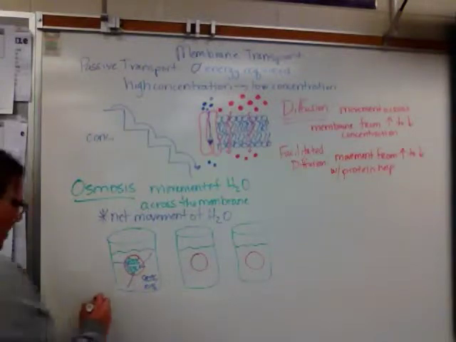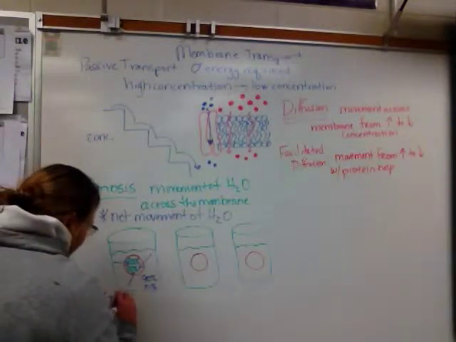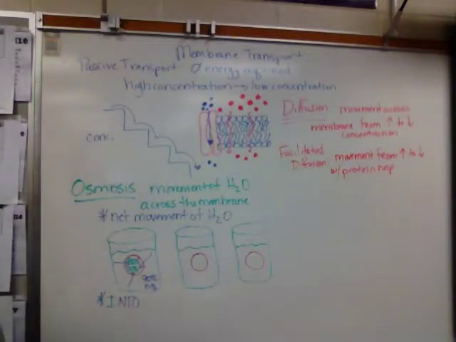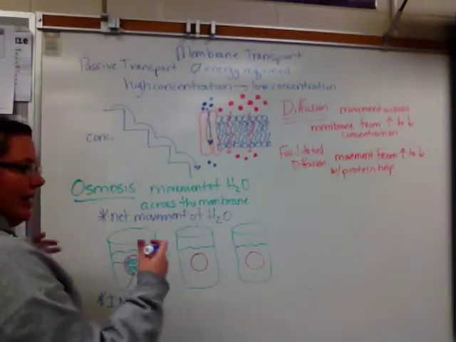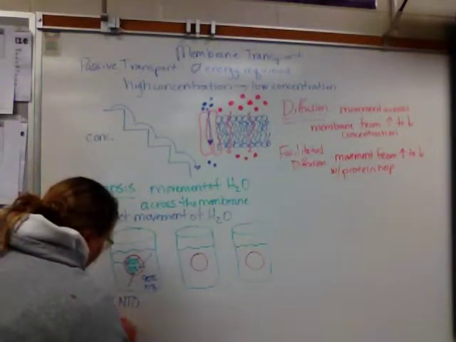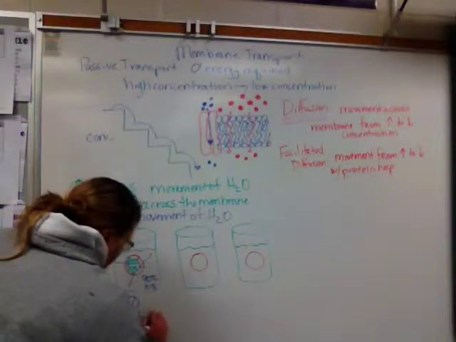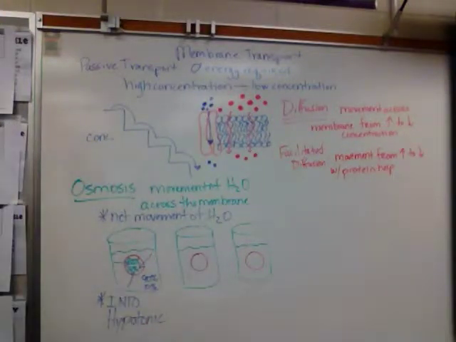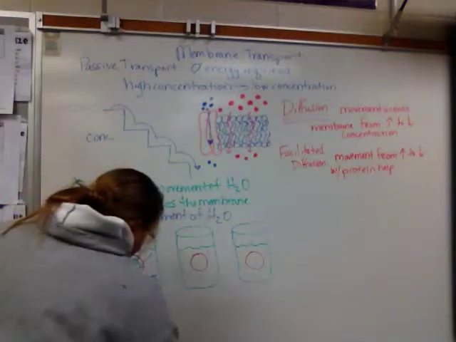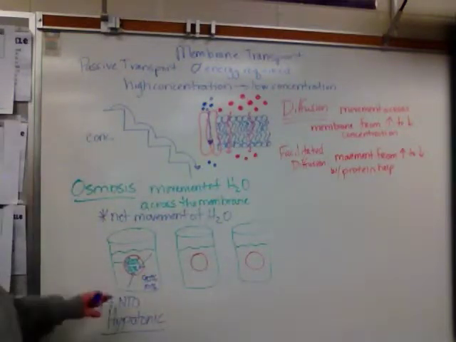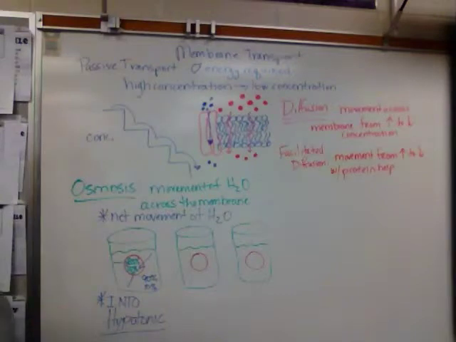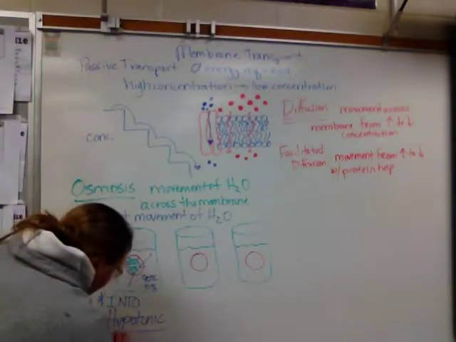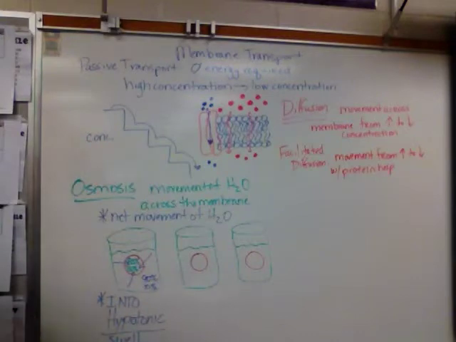We call this situation where water is going into the cell a hypotonic solution. So that's your vocabulary word. Hypotonic solutions are when water goes into the cell. What are you going to see in hypotonic solutions? You are going to see the cell swell. When water is moving in, it gets bigger.